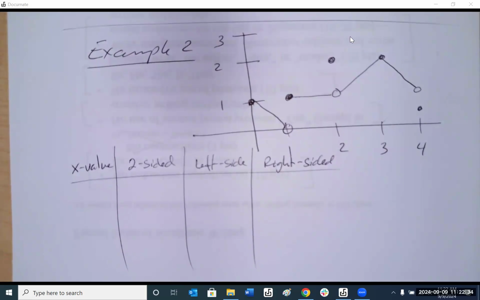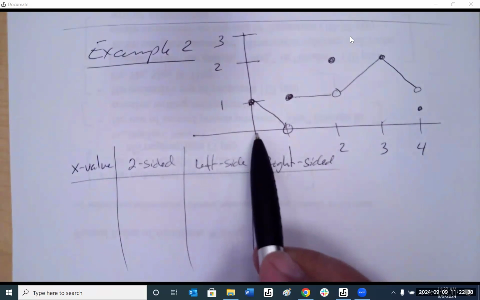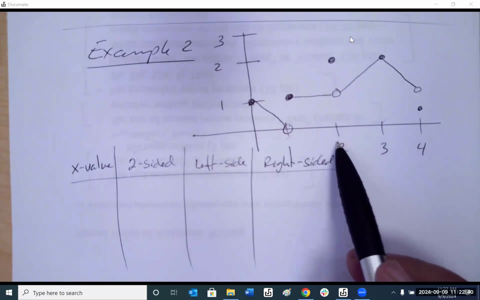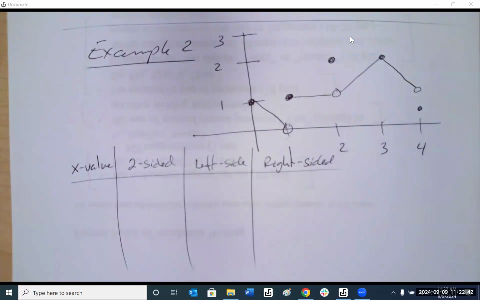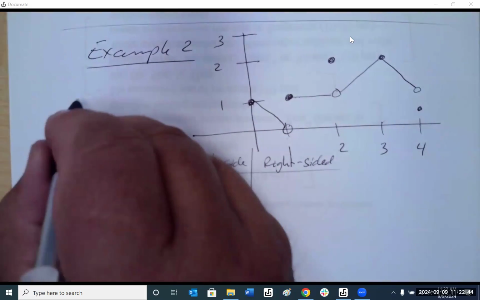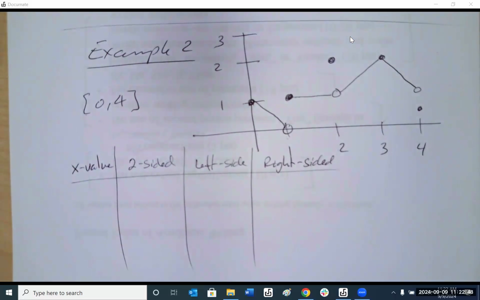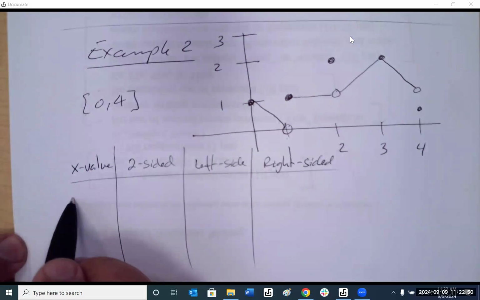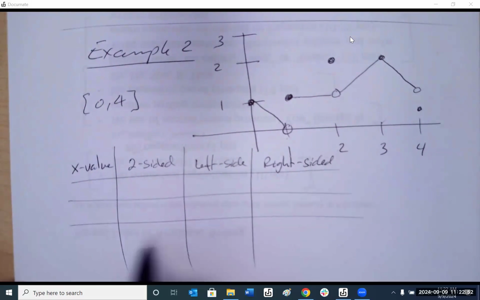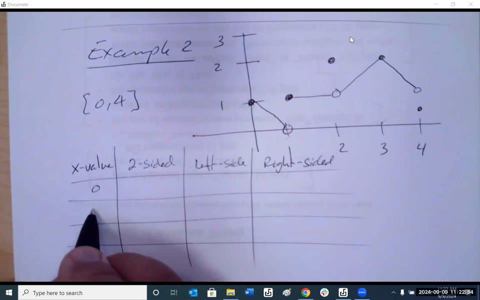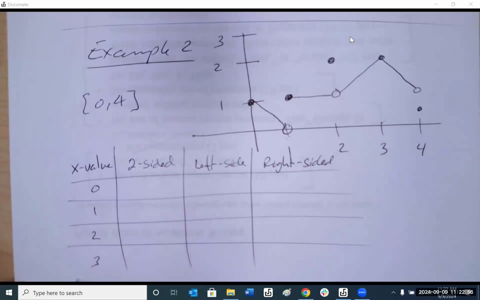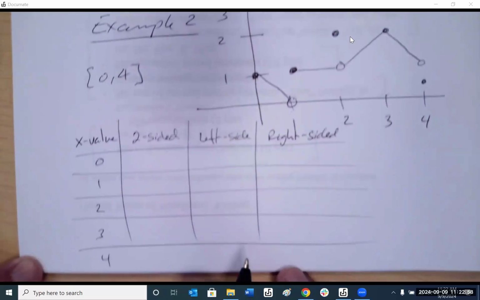So which points are we looking at? We're going to look at 0, 1, 2, 3, and 4. That's the domain of our graph. Our domain is from 0 to 4. So we have to look at all of these: 0, 1, 2, 3, and 4.